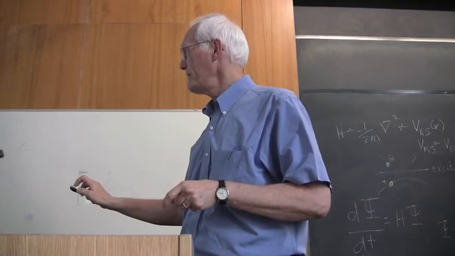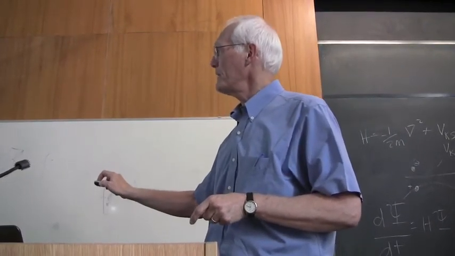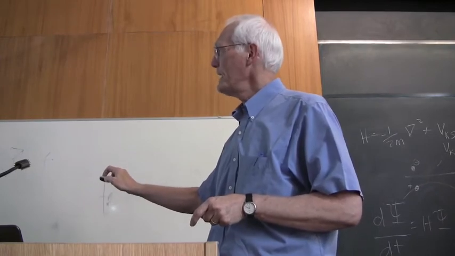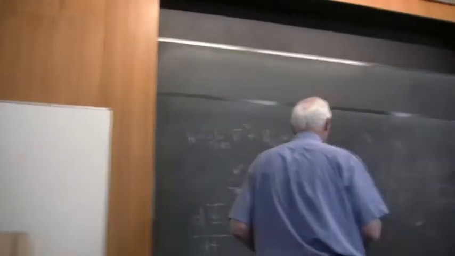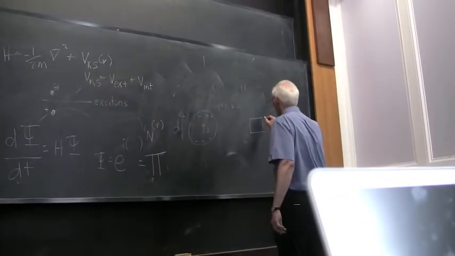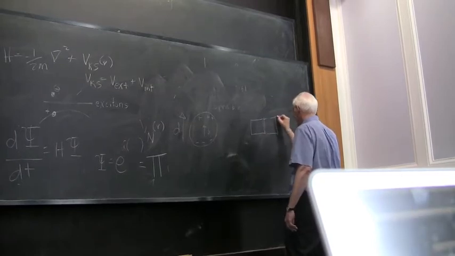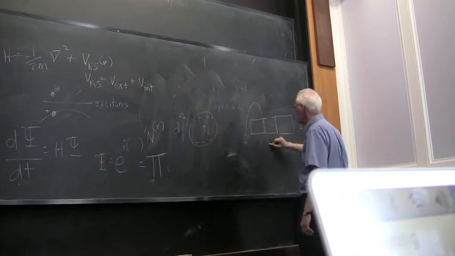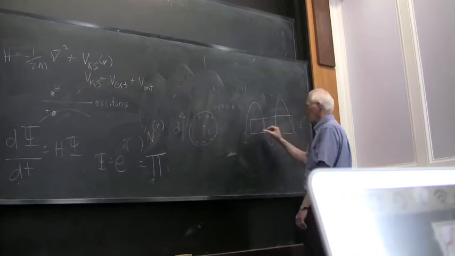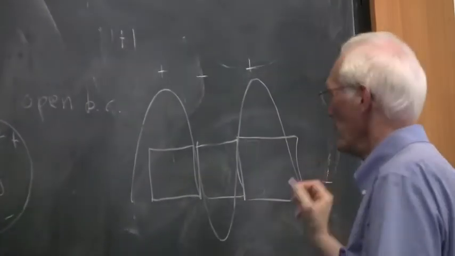So suppose you have a problem in which the change in density is on a scale of a unit cell. So suppose we have a few unit cells, and we have a charge density that's varying something like this. So this would be plus, minus, plus.